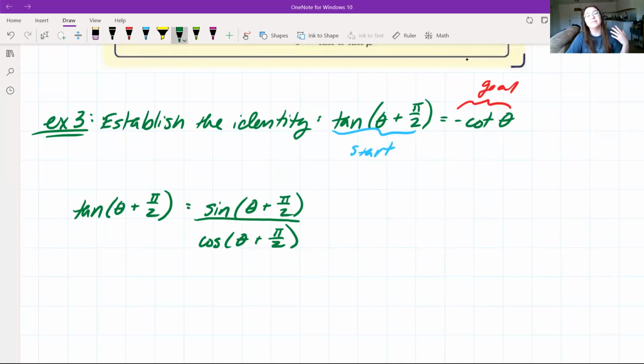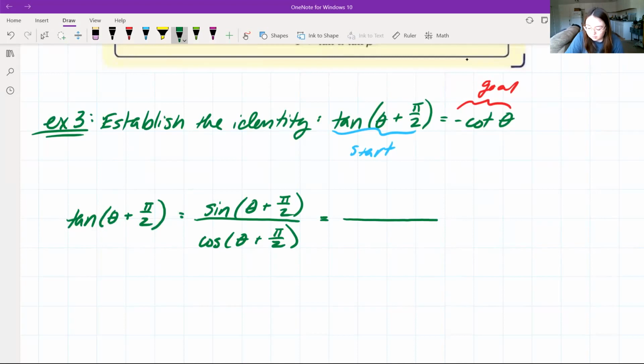And now we can go ahead and use our sum formulas for sine and cosine. So our sum formula for cosine is going to be cosine of theta times cosine of pi over 2 minus sine of theta times sine of pi over 2.